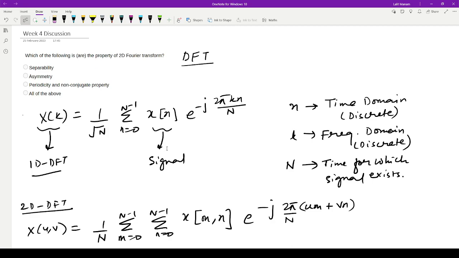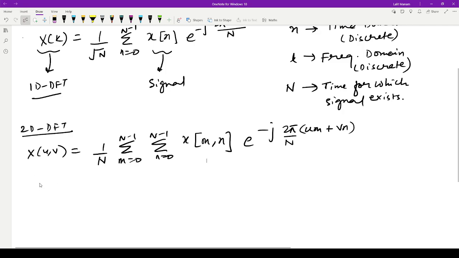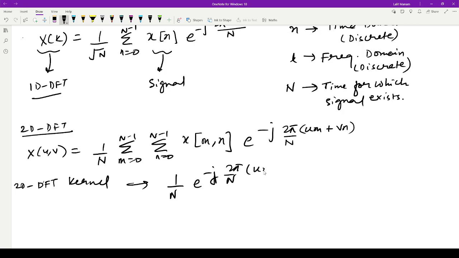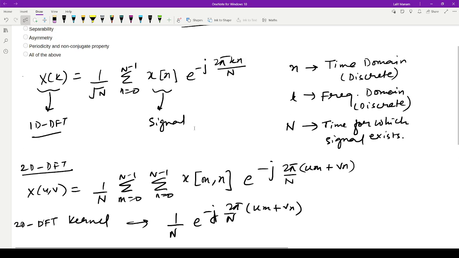Given this, which of the following is or are the property of the 2D Fourier transform? Separability. What do you mean by separability? So what is the kernel? The two-dimensional DFT kernel is 1/n e to the power minus j 2π/n (um plus vn). How can you rewrite this? It can be separated for the two variables.